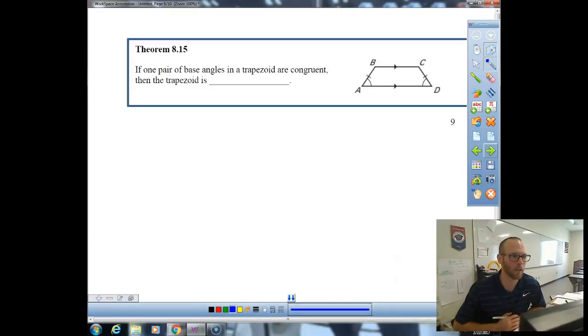Okay, here we go. Theorem 8.15. If one pair of base angles in a trapezoid are congruent, then the trapezoid is isosceles. So as long as we have a trapezoid where we only need one pair of base angles congruent, then the trapezoid is isosceles.